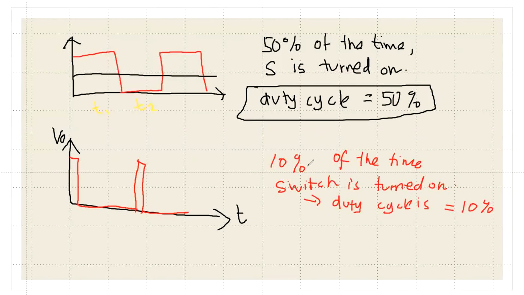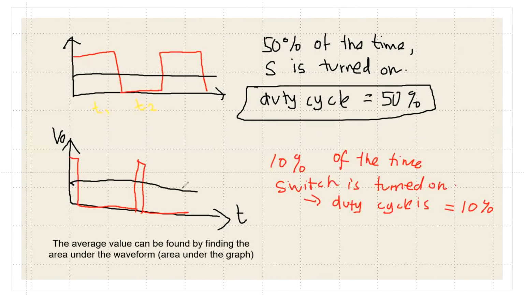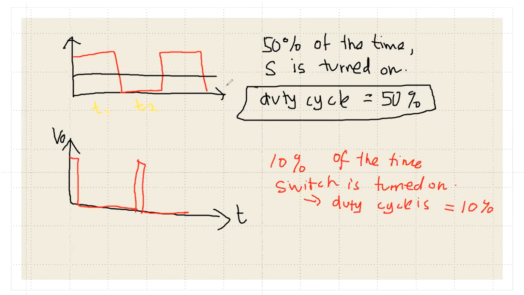And if you see the average for this one, the average of this waveform, we usually take it from the area under the graph. The average, or this line over here, can also be found by calculating the area under the graph.